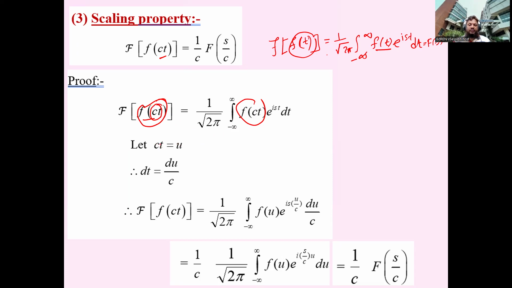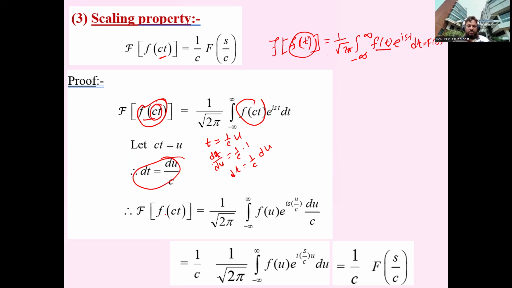Here c is constant. Okay. So we can write t equals 1 by c u. Now if we take differentiation with respect to u, dt/du, we can write 1 by c. That is dt equals 1 by c du. That's why we have to put the value of dt as du by c.